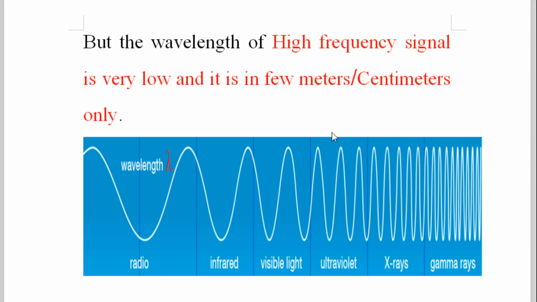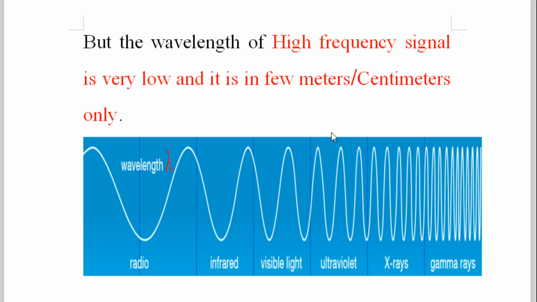To reduce the size of antenna, because for efficient transmission, size of antenna is equal to the wavelength lambda of the information signal or electromagnetic waves. And the problem is, the information signal is always low frequency. Therefore, size of antenna required will be in kilometer or more than kilometer.